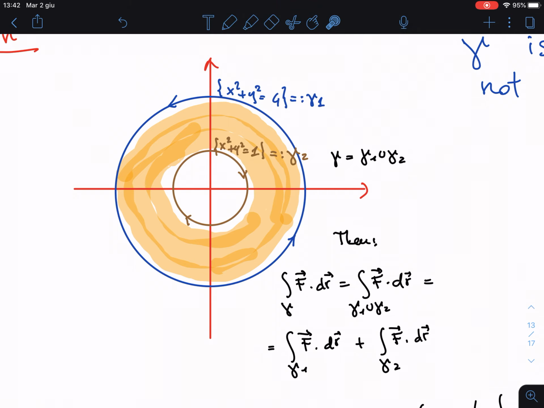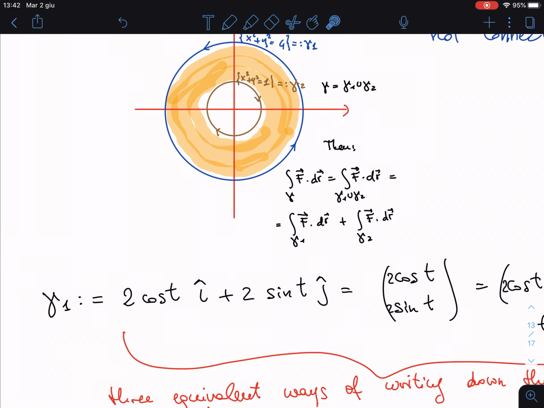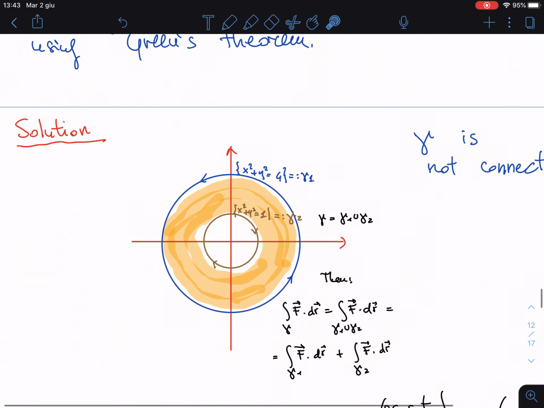And of course, when you have to compute a line integral on the union of two curves, this is nothing but the sum of the two line integrals, to be computed on the simple elements of the union. Okay? So this is what we have to do.